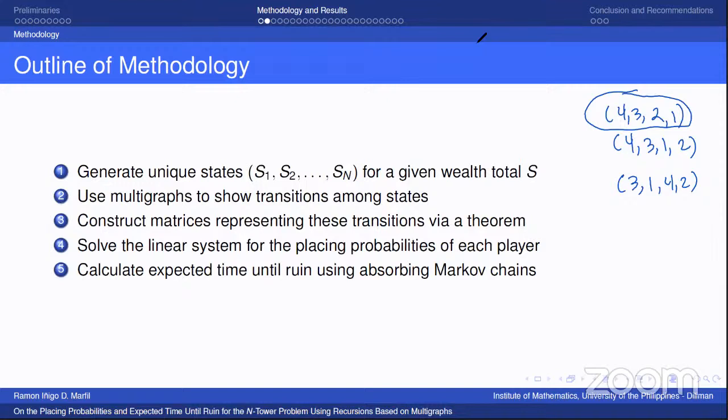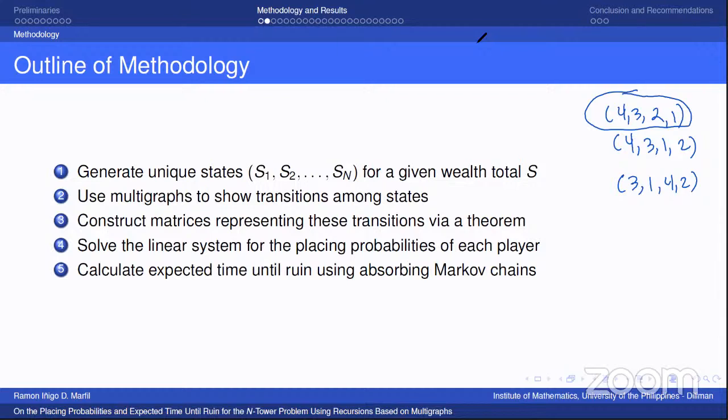Next, our next step, we will use a multigraph to show transitions among states. So we will draw edges between these states. Number 3, we will construct matrices representing transitions using a theorem. And number 4, we will solve the linear system for the placing probabilities of each player.